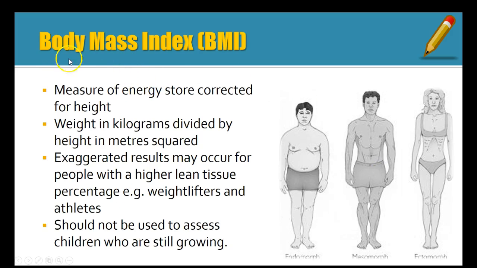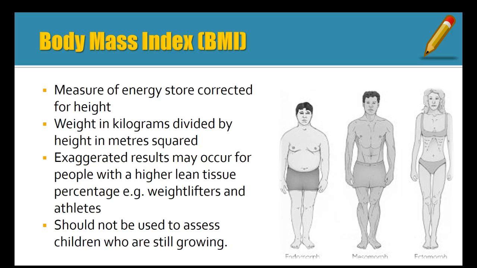So BMI is your body mass index, and it's the measure of energy store that's also then corrected for height. Now the calculation I'll go to on the next page. The one issue about using BMI as a way of looking at whether someone is classified as a healthy weight range or overweight or obese is that it doesn't take into account the ratio of muscle to fat that a person may have.